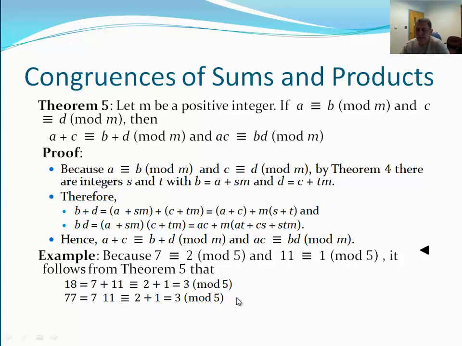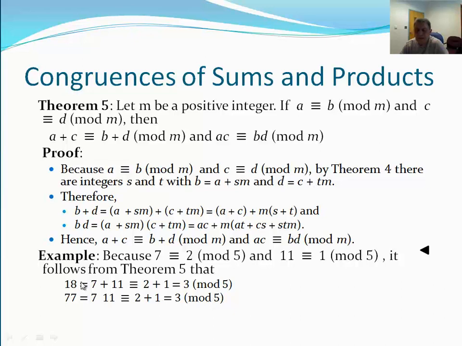And this is 7 times 11 and 2 times 1. So 77 divided by 5 creates the same remainder as 2 divided by 5.